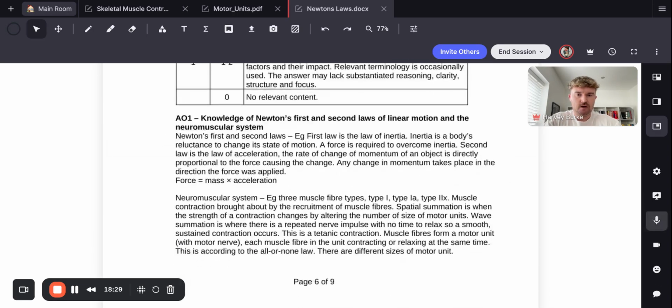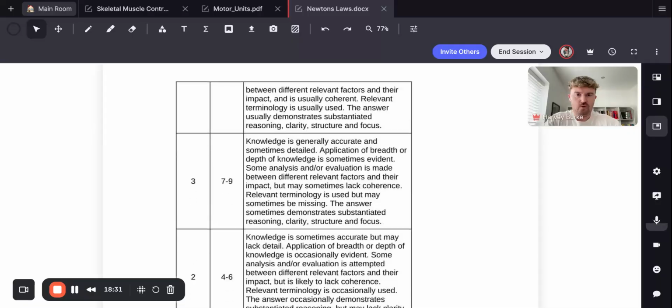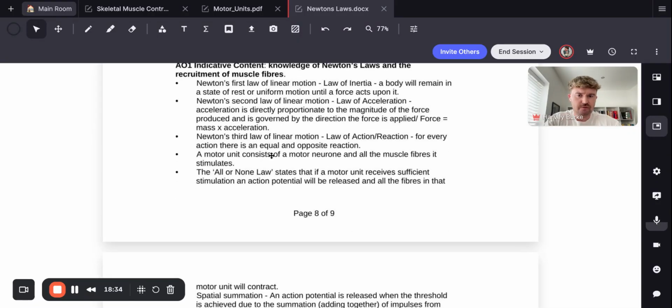So if we have a look at the mark scheme there for that question, there's just a few AO1 points here. So just stating what a motor unit is. So a motor unit is a motor neuron and all of the fibers that it stimulates. And then the all or none law, this isn't amazing wording, but if a motor unit receives sufficient stimulation, so what we've said the threshold value there.